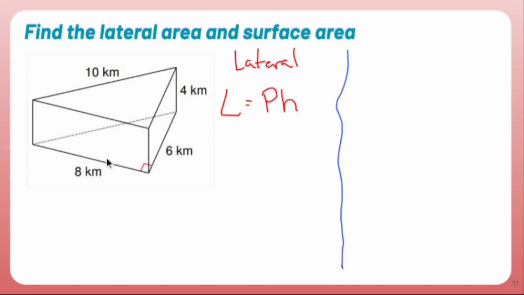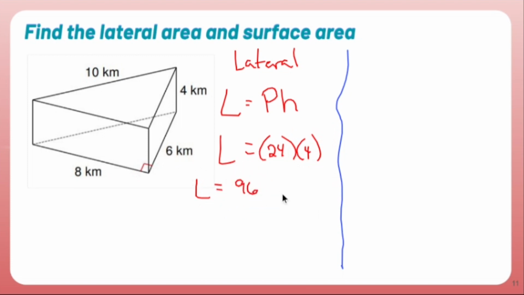So in my case, the lateral area is going to be 8 plus 6, which is 14, plus 10, which is 24. The height of my shape is 4. And so the lateral area for this guy is 96. I can handle the math on this one.